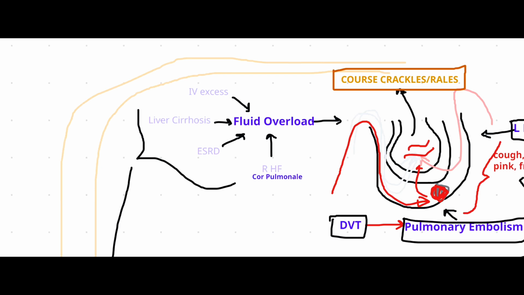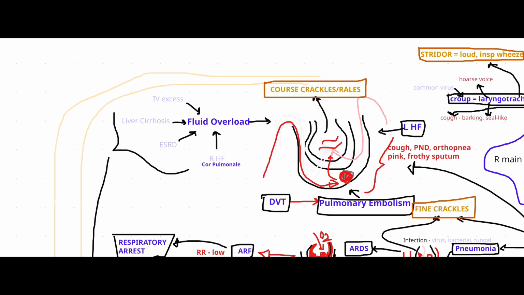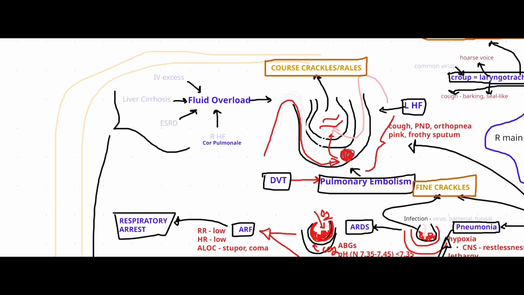Now, another thing that could cause rales that also comes from the right side is DVT, deep vein thrombosis, which is typically in the veins of the lower extremity, right? That dislodges.